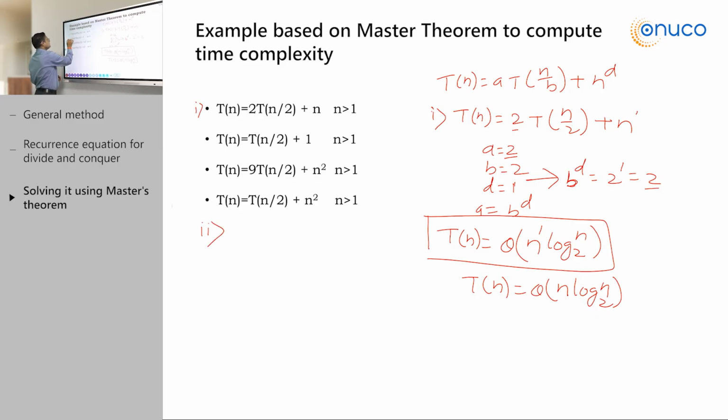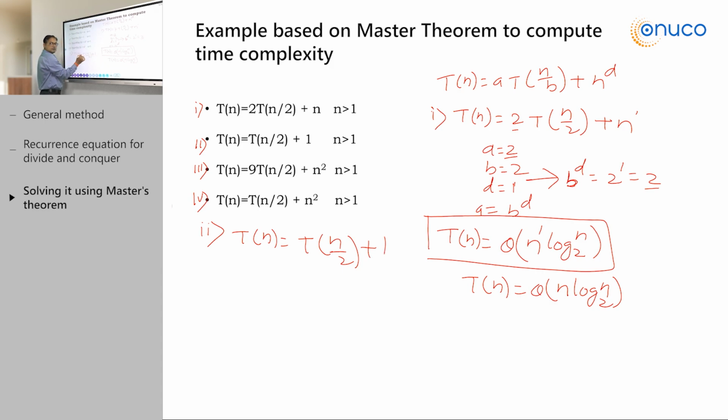It is the first, second, third, fourth, right? Here we have T of n is equal to T of n by 2 plus 1. Now compare with the standard form.